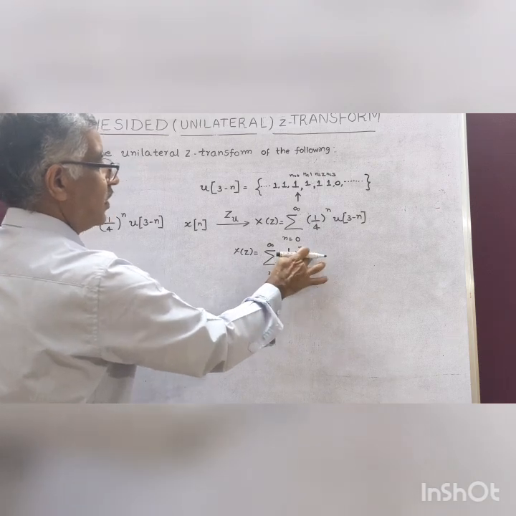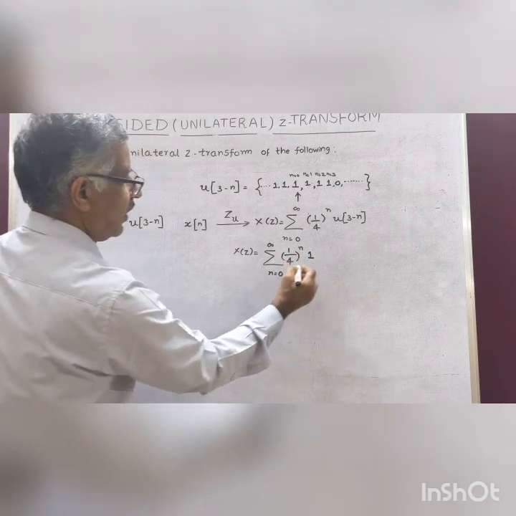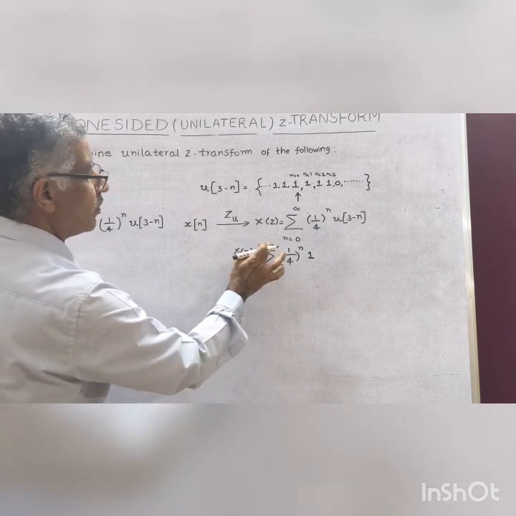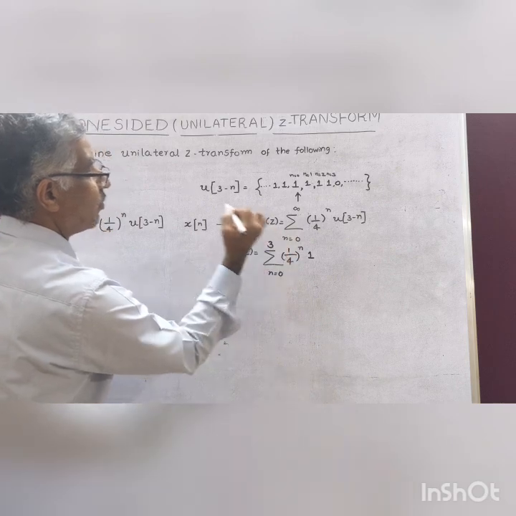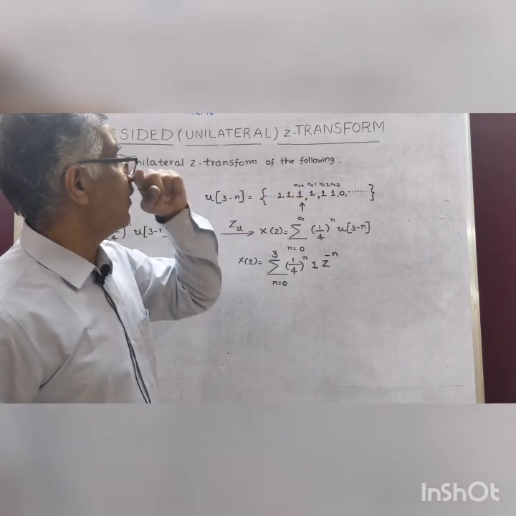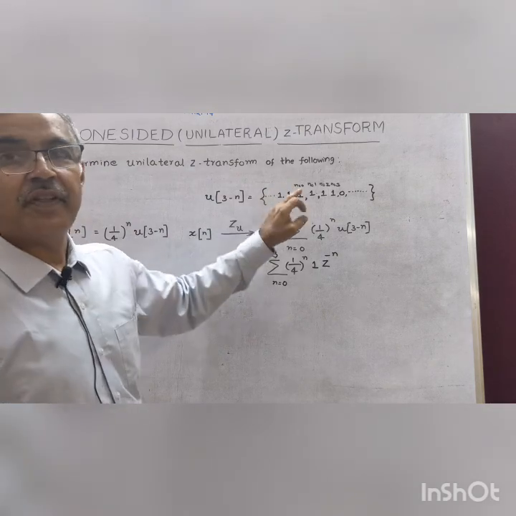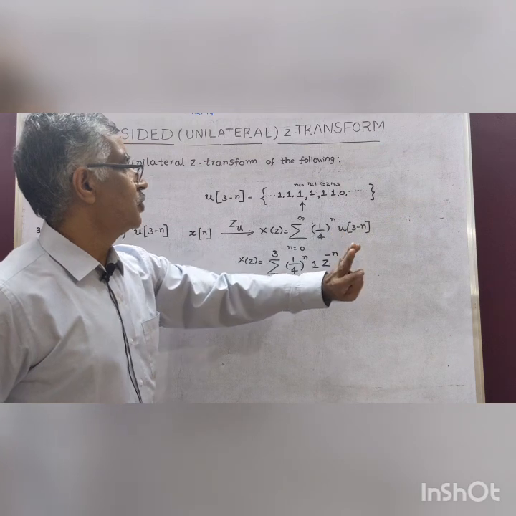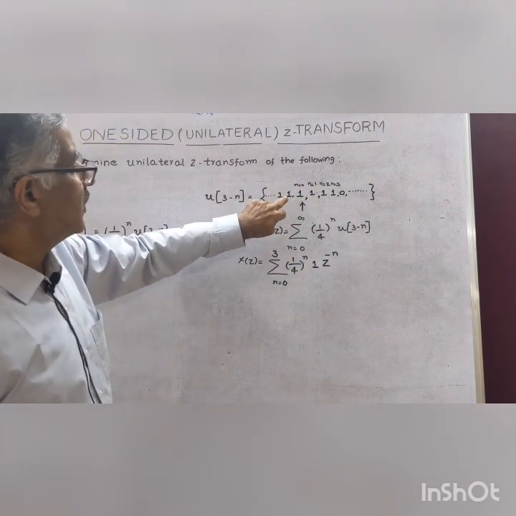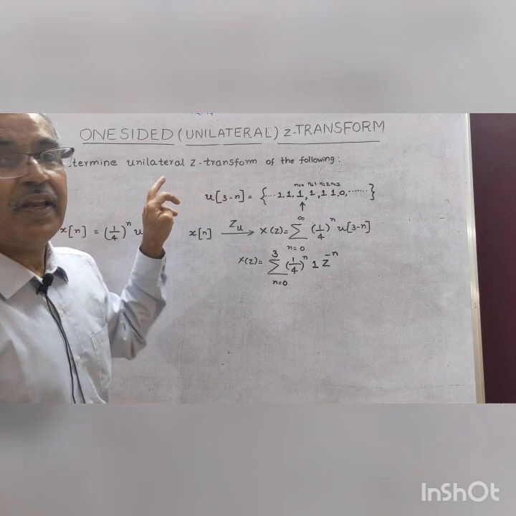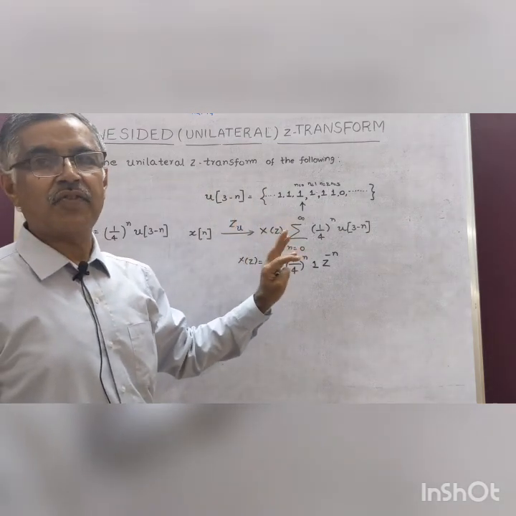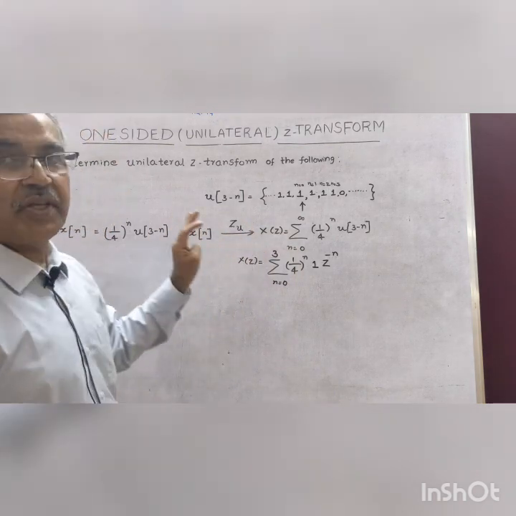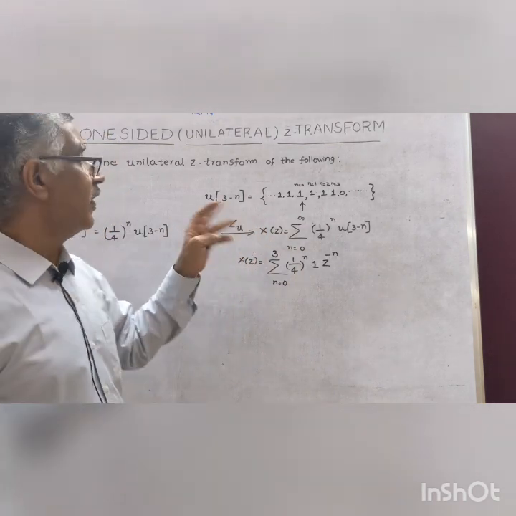Therefore, I will modify this as n equal to 0 to 3. These are the 4 specific values of n for which the functional value is 1. For other values, 0. And there exists a value of 1 for negative values of n, but in the unilateral Z transform, we should not take those values. So the lower limit of summation is 0.